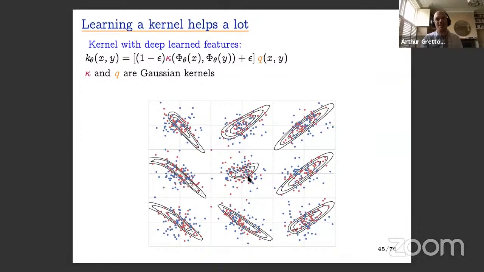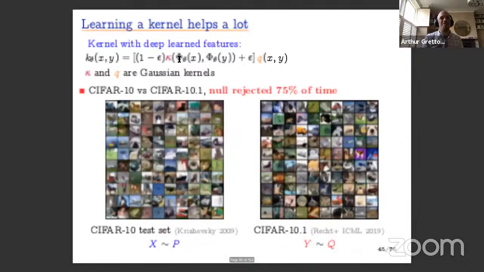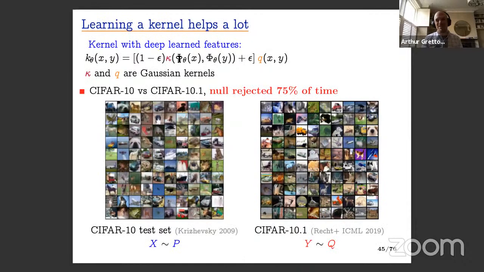Okay, so this is a little toy example, but what happens if I go into high dimensional spaces? What happens when X and Y are images and my deep networks are something like convolutional neural nets? Here's an example, which is the example that I started my whole course with, which is CIFAR 10 versus CIFAR 10.1. CIFAR 10.1 is a distribution over little images, which the authors tried to make as close as possible to the original CIFAR 10.